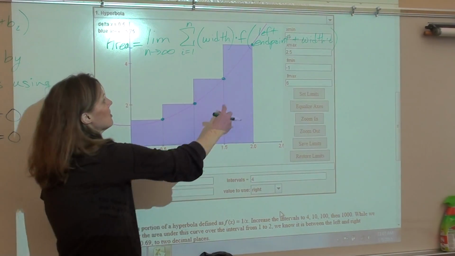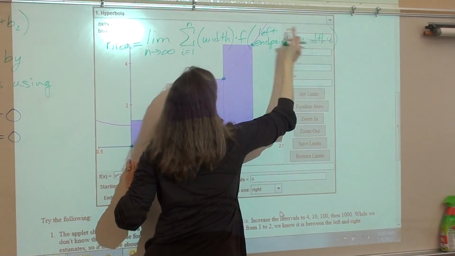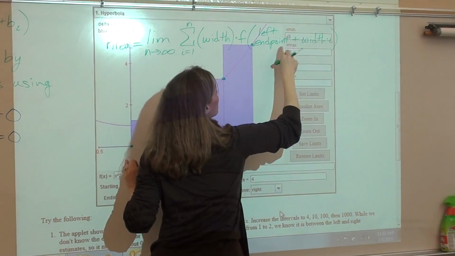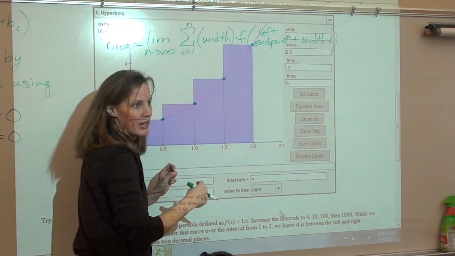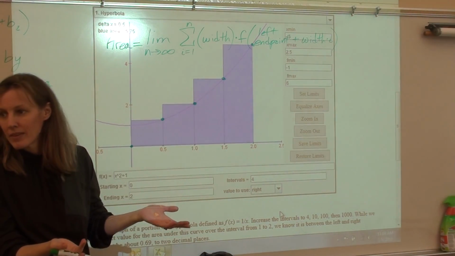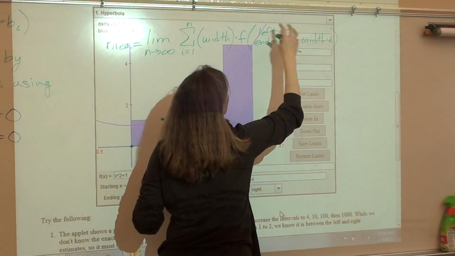So what they're doing is they're saying, take the left endpoint plus, and then multiply I. Remember, I is just a counter, right? 1 width plus 2 widths plus 3 widths plus 4 widths, right? And you're just going all the way until you hit n, whatever n is. So these are all your different heights, this is the formula to get them.